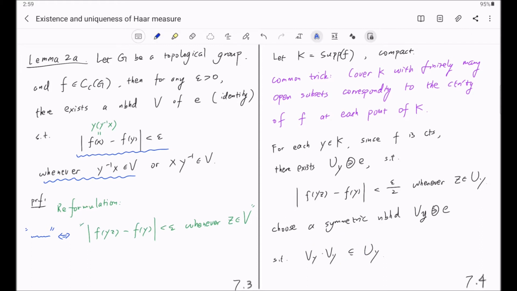Hope you are familiar with this trick in topological groups. Normally, to take a symmetric neighborhood, if this Vy is not symmetric by itself, then we will take the intersection of Vy and Vy inverse if necessary.